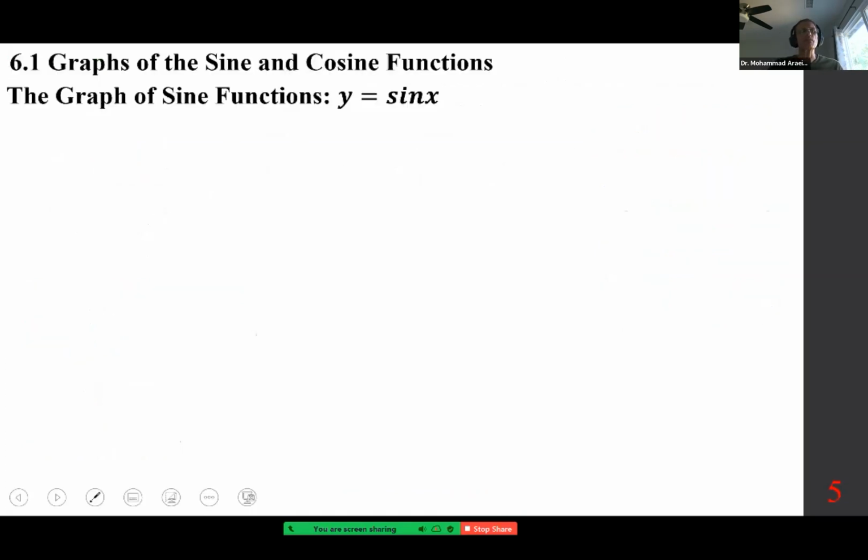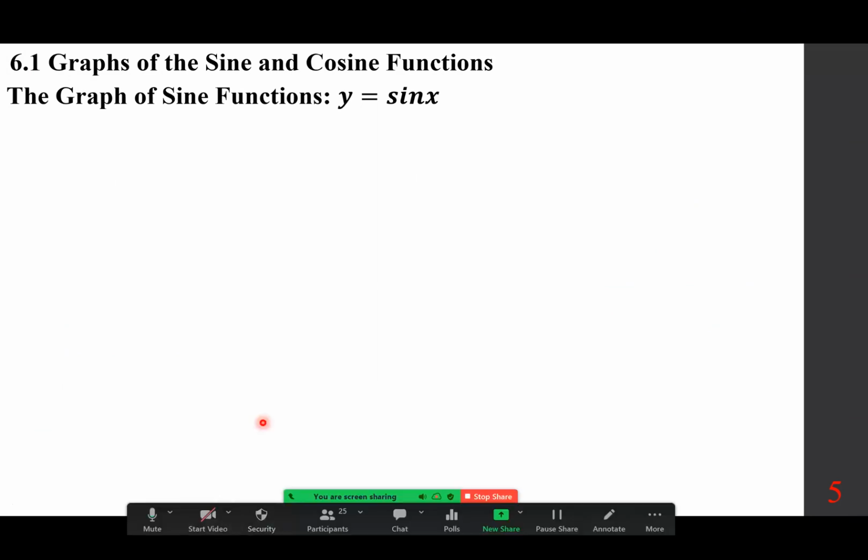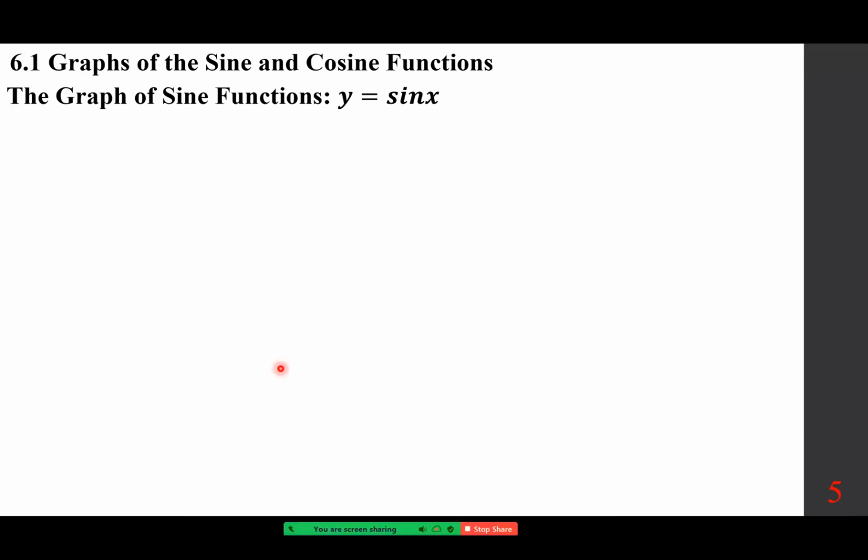We should know them. Now, graphs of sine and cosine functions. Let's go with the sine function and how we do that. Just as we did in algebra, anytime we started with something new, we ended up using points. So let's use points and write the pairs.